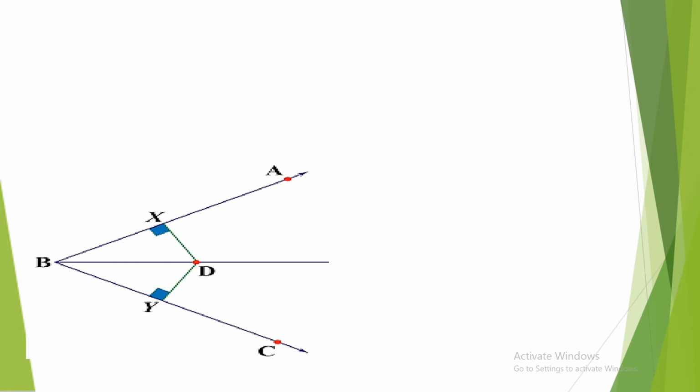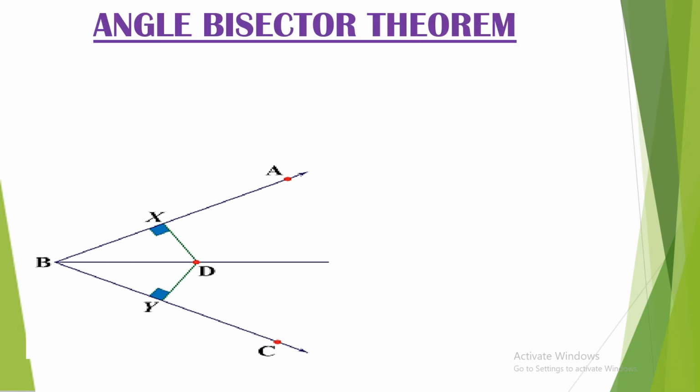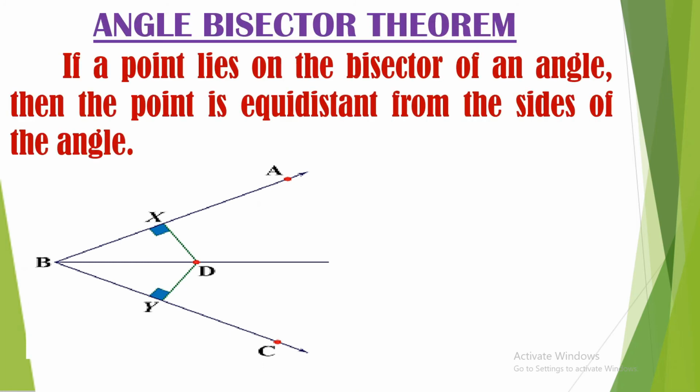Now let's have the angle bisector theorem, which states that if a point lies on the bisector of an angle, then the point is equidistant from the sides of the angle.